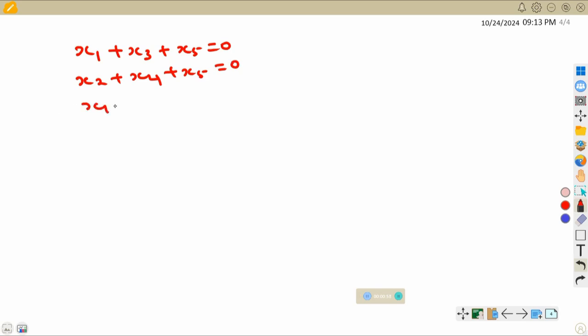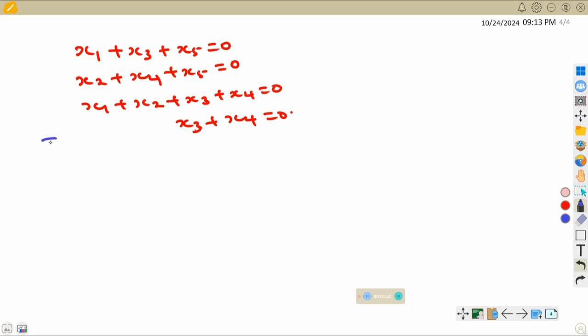We are given x1 plus x2 plus x3 plus x4 equals 0. We are also given x3 plus x4 equals 0. So we shall find the solution space by first solving this using elementary operations.